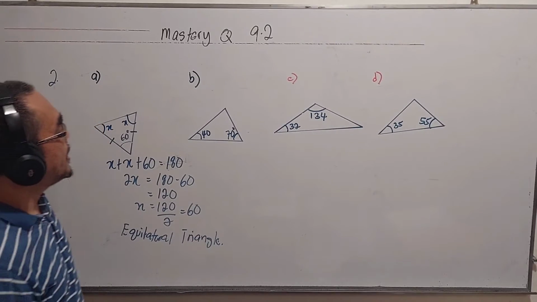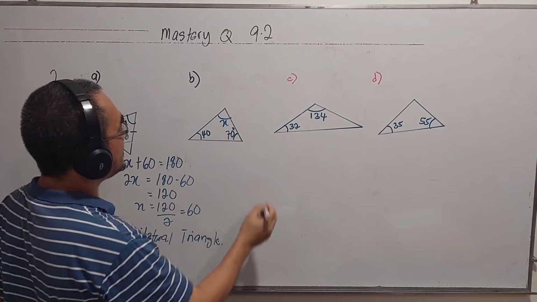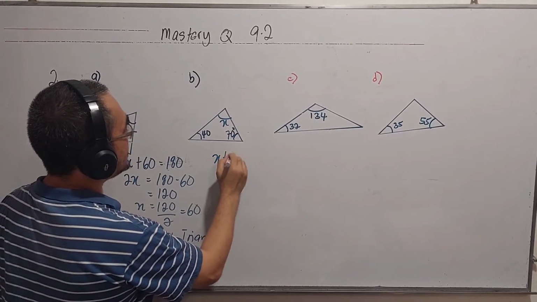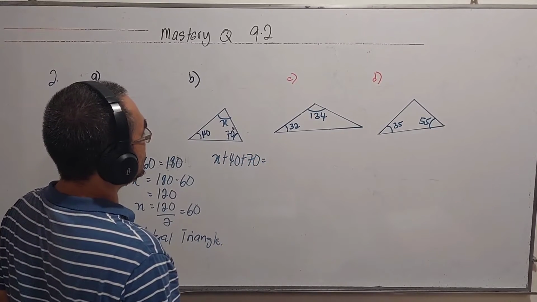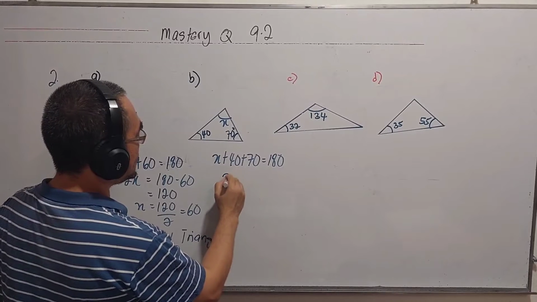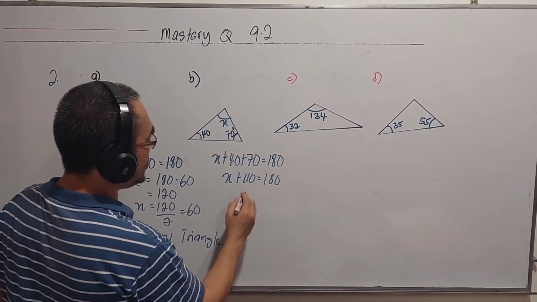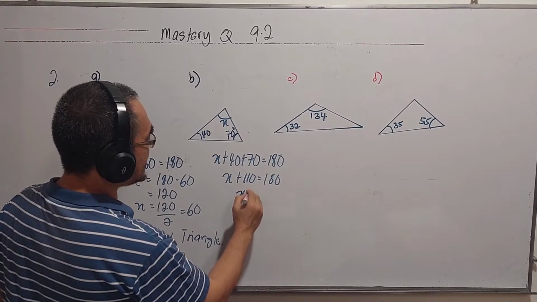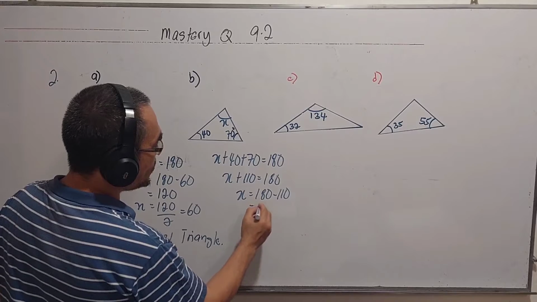Okay. And here I label as x. So x plus 40 plus 70 is equal to 180. Here 110 equals 180. So x is 180 minus 110, which will be 70.